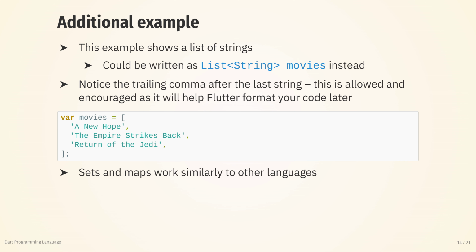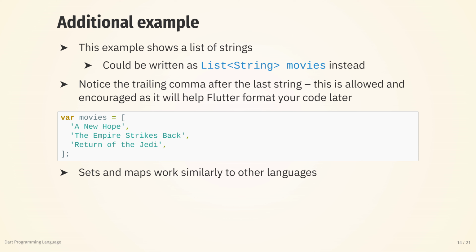And just as we said in the previous examples that we looked at in the previous lecture, the trailing comma that you see after Return of the Jedi is okay to have there, and it's even encouraged to have there because it will help your IDE to format the Flutter code later. So please put that little comma there as well.